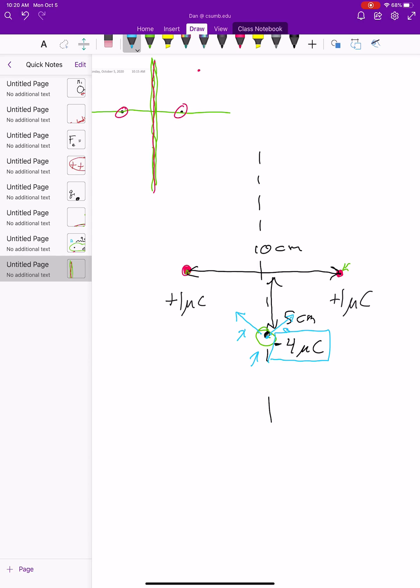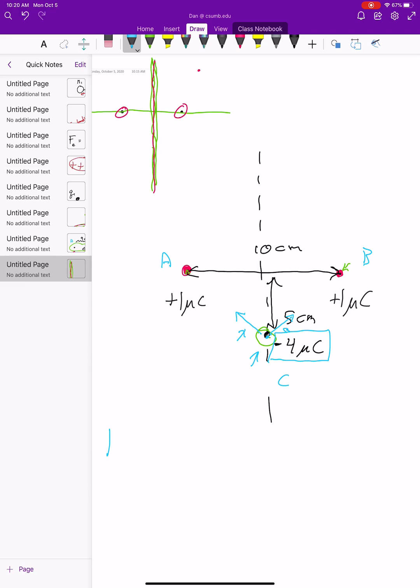All right, so the first thing I'm going to do is determine the size of the force that it experiences in both directions from both charges. I'm going to call these charge A, charge B, and charge C, just like I did in the other example.